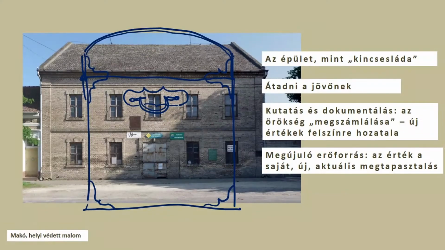In the case of these buildings, the reconstruction is the point, because the original soundness of the building was lost. Compared to this, from a demolition situation or condition, it has to be reconstructed.